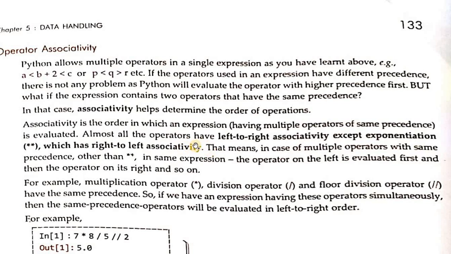So in which order will they evaluate, from left to right or right to left? In a Python expression, all the operators are evaluated from left to right. So in which order the operators will evaluate, that is called operator associativity.